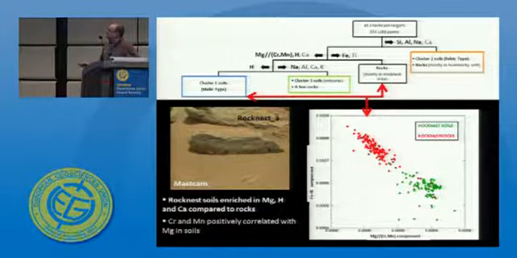This can be clearly shown here, where we plot iron and titanium. The scale is a relative scale; it doesn't represent the composition. Versus this magnesium, chromium and manganese component, you clearly see that Rocknest soils are enriched in that component, contrary to the rocks, which are enriched in iron and titanium.